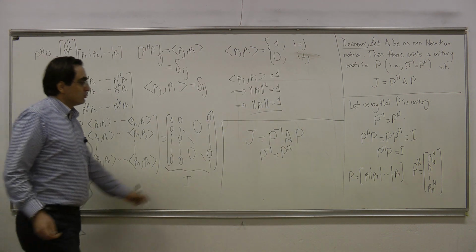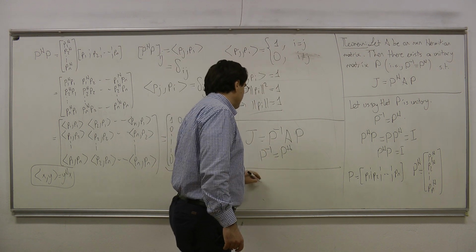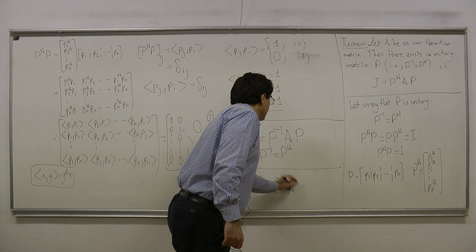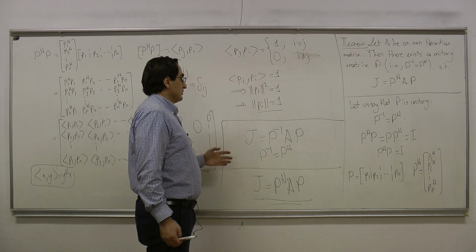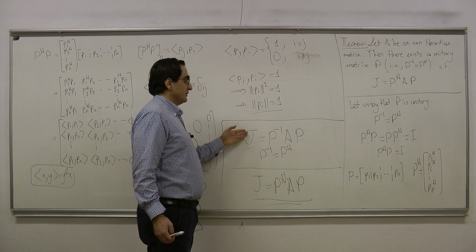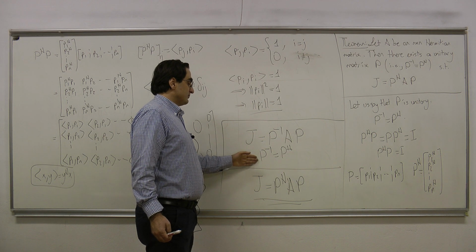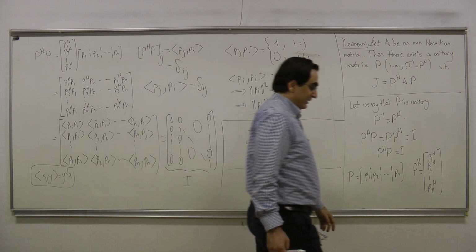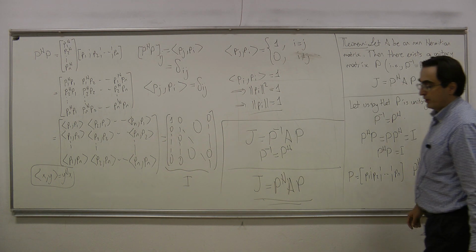If I combine these two facts, it means that instead of P inverse, I can write P Hermitian if P is unitary, and that gives me P Hermitian A P. So the theorem is using this general property that we know: we can always find an invertible P with linearly independent columns, and the theorem says that for a Hermitian matrix, we can always find a unitary P matrix. If I combine these two facts, I end up with this equation here.